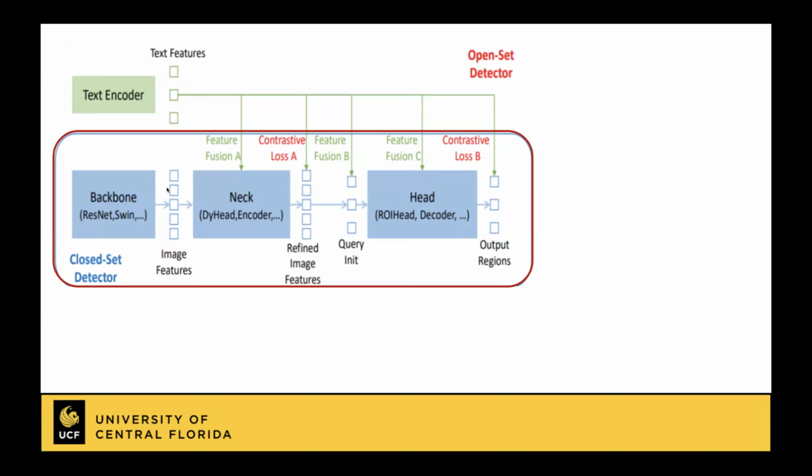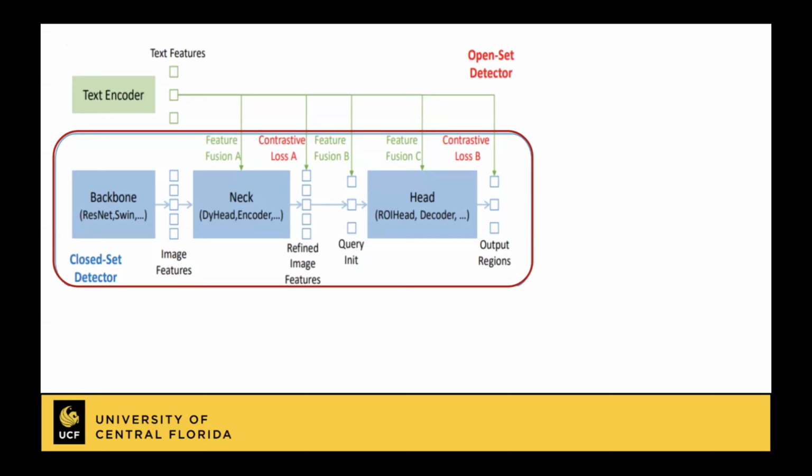From this, we get the image features, and then we pass them to the neck, where we have a dynamic head, or DyHead, a unified object detection head with attentions, or we have your typical encoder. From this, we get the refined image features and the query initializations, and finally we get to the head, where we have a regional head or decoder, and from this we get the output regions.